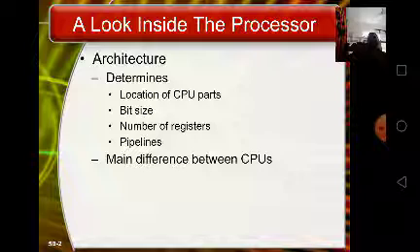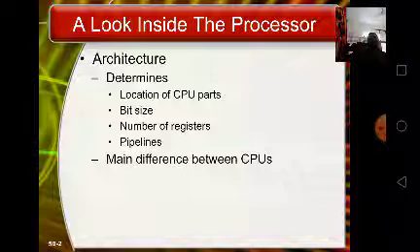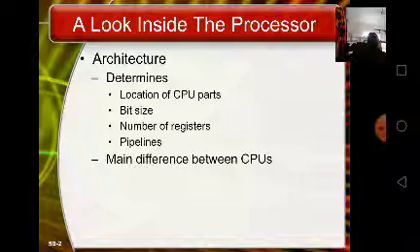The processors of IBM PC and Macintosh computers have such different architectures, for example, that they cannot even run the same software. Operating systems and programs must be written to run on each processor's specific architecture to meet its requirements.